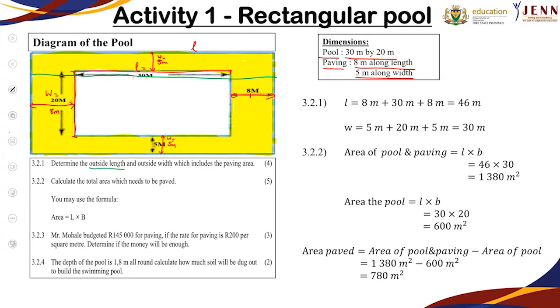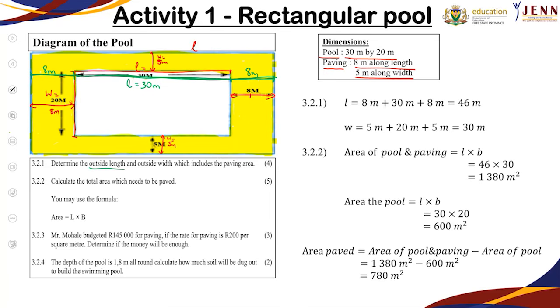So now I need to know what is the length of the paving along, and they said it's 8 meters. That is given. Now we are inside the pool. And what is the length of the pool? They say the length of the pool is 30 meters, and the paving on the other side is also 8 meters.